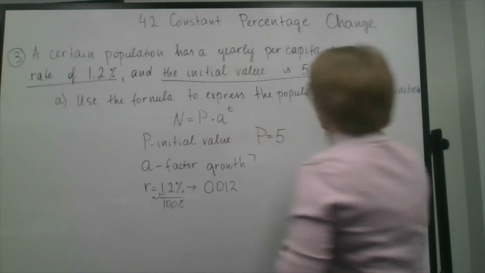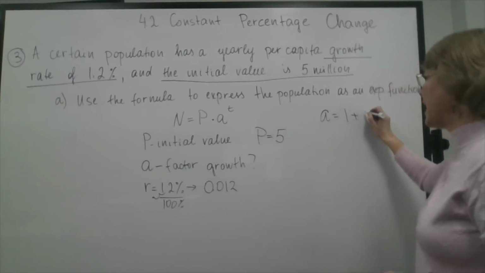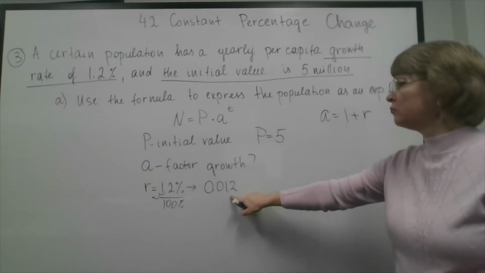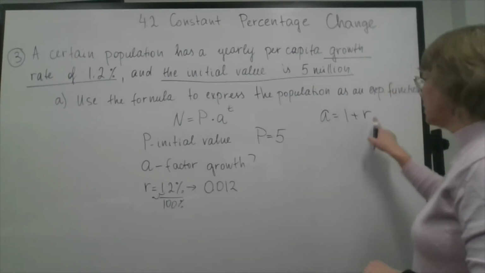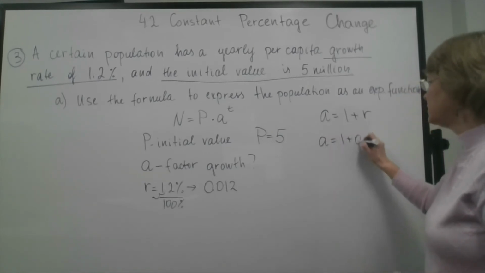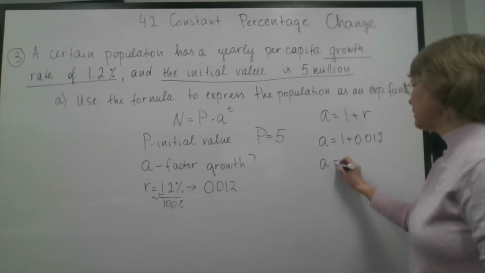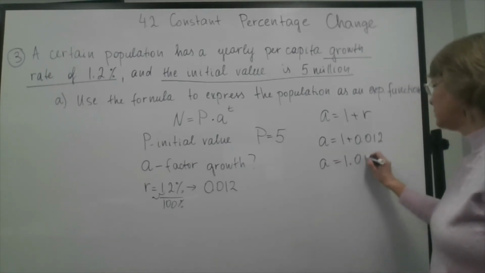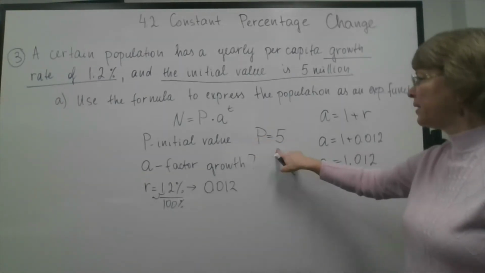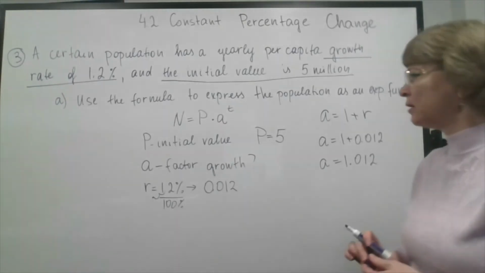Remember, it's growth, so we have to use the formula a equals 1 plus r. We know r, we will substitute r into the formula, so a equals 1 plus 0.012, and my a is 1.012. Now we know P, we know a, it's ready to write the formula down.